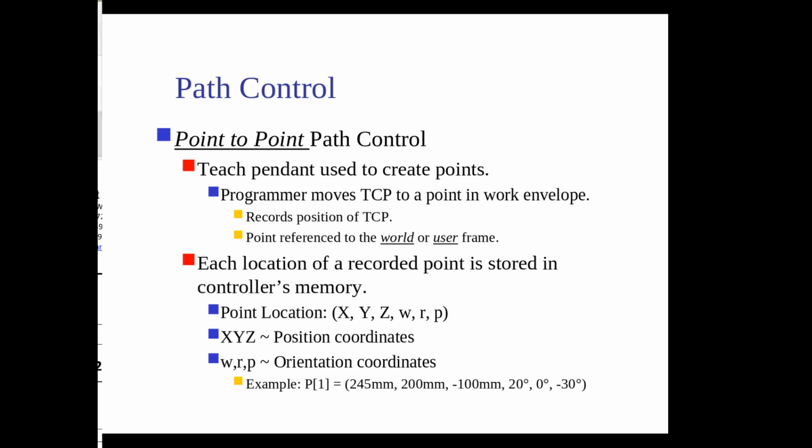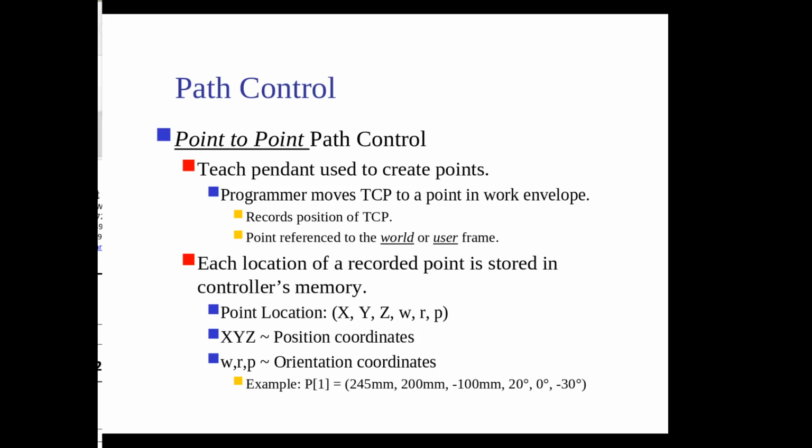All right, so each location of a recorded point is going to be stored within the controller's memory. And so we have to store the location of all 6 axes. We can either store the joints, J1, J2, J3, J4, the angle of each joint, or we can store an XYZ, yaw, pitch, and roll value.